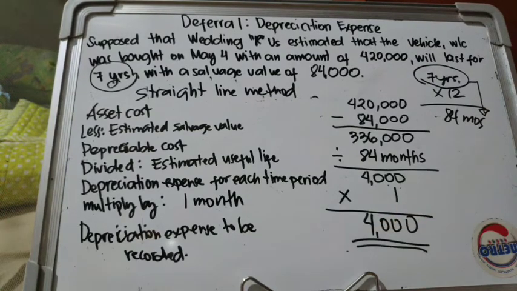Meaning, for the May 4 to May 31, ang binabang value or the depreciation expense ng iyong vehicle is 4,000 pesos. So, this is the process on getting the amount for the depreciation expense. Okay? So, now we will proceed to the adjusting entry for the depreciation expense.